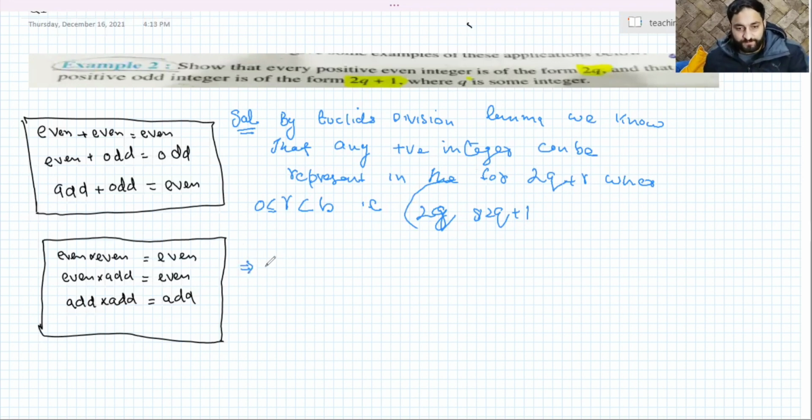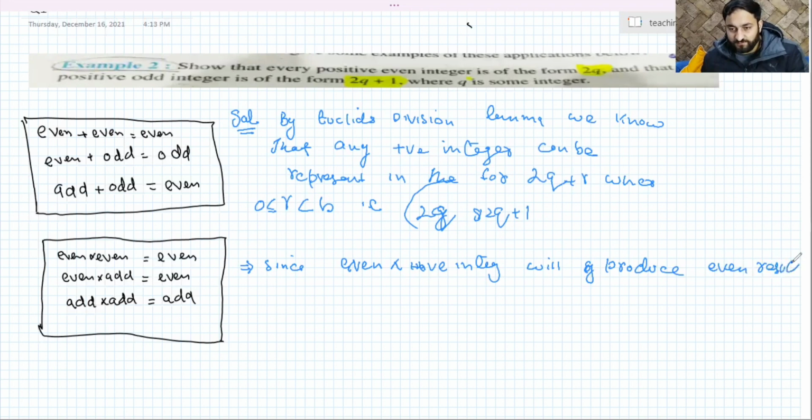Since even multiplied by a positive integer will produce even results, therefore 2q can represent any positive even integer.